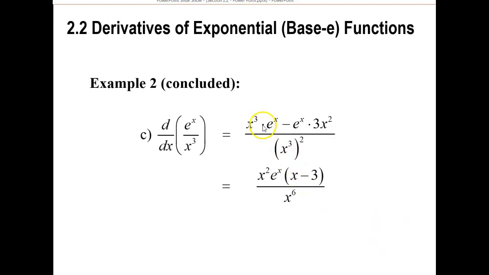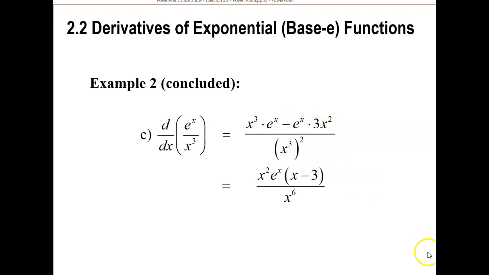Then we're going to clean this up. Again, our common factor here: we've got an e to the x in both terms, and this time we also factor out an x squared because there's at least a second power of x in both terms. So if we factor out x squared e to the x, in the first term you have an x left, minus, here you factored both the x squared and the e to the x out, so you just have this 3 left.